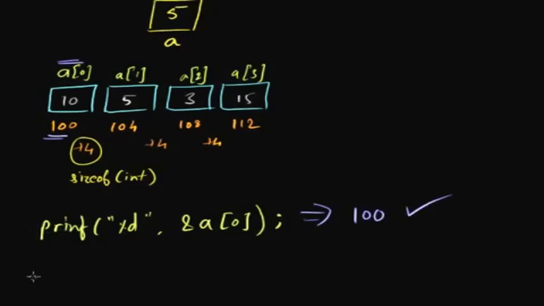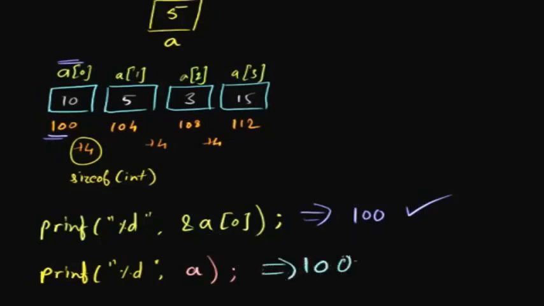Now imagine if I write printf, same %d, and this time I write only a. I write the name of the array. So this will also output 100. We have just written the name of the array.